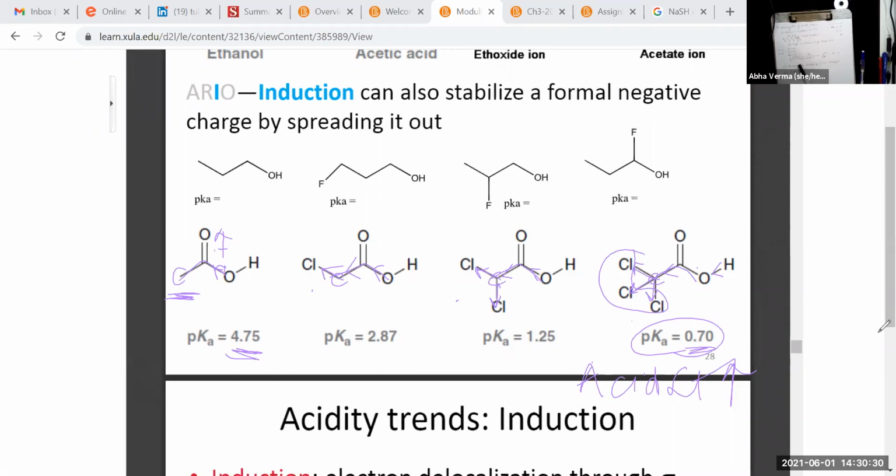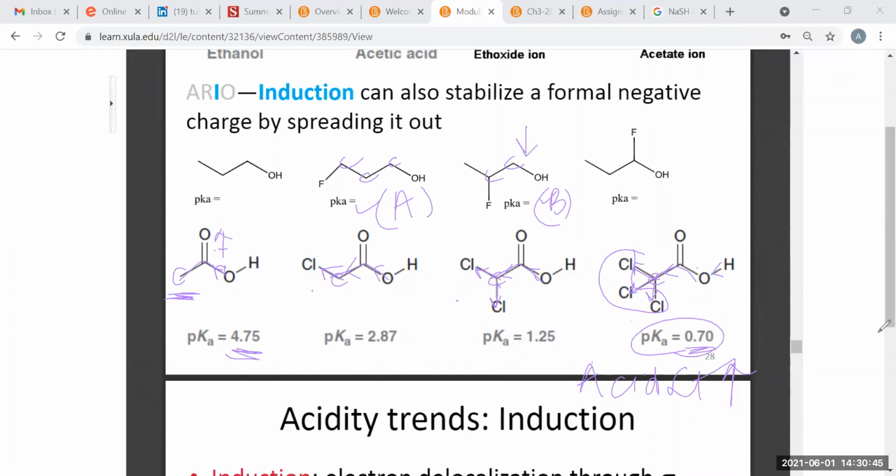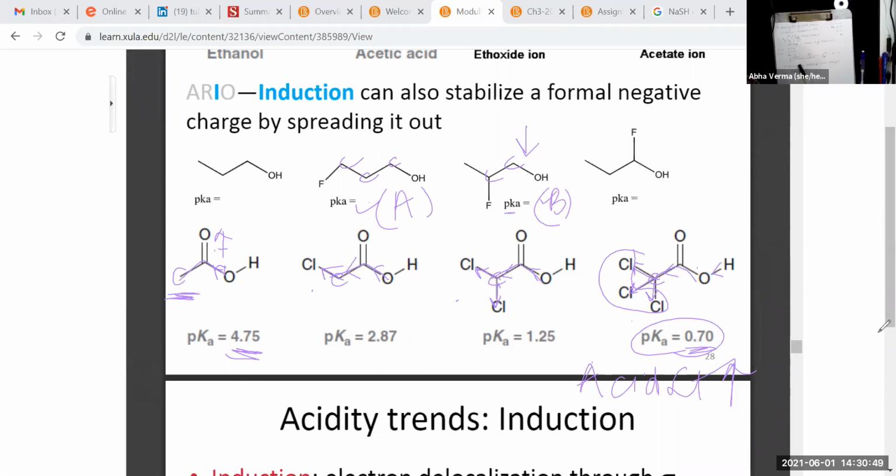Not only that, if you look at these two, 1, 2, 3, 1, 2, among A and B, who do you think will have a smaller pKa value? A? Smaller pKa value, which is more acidic.